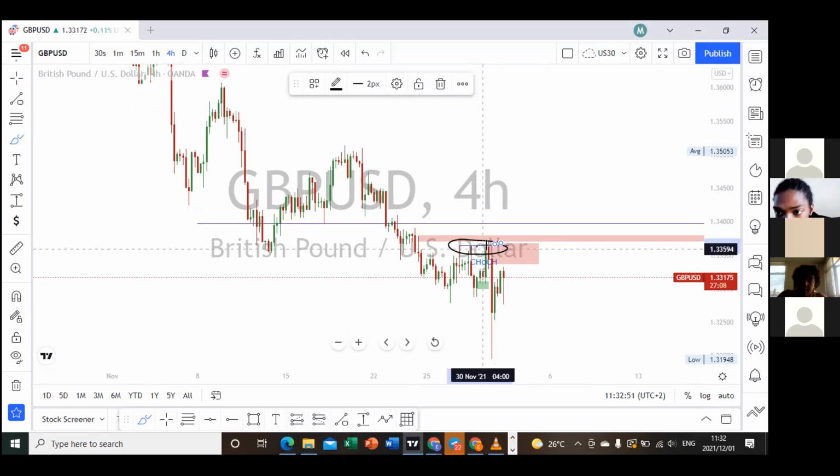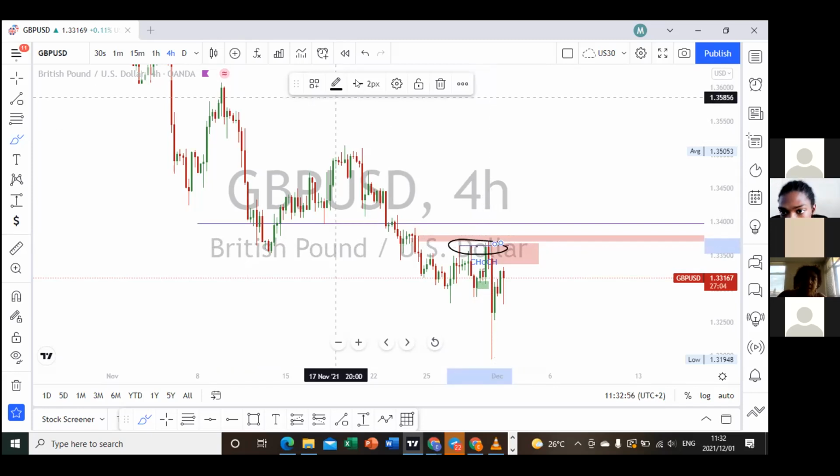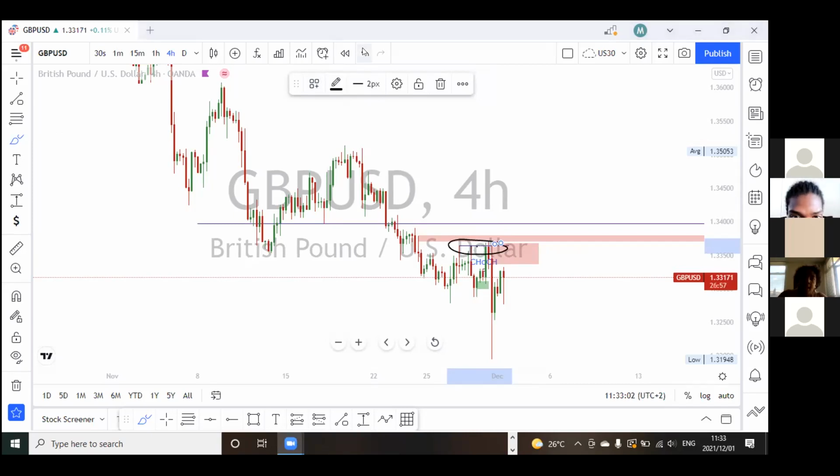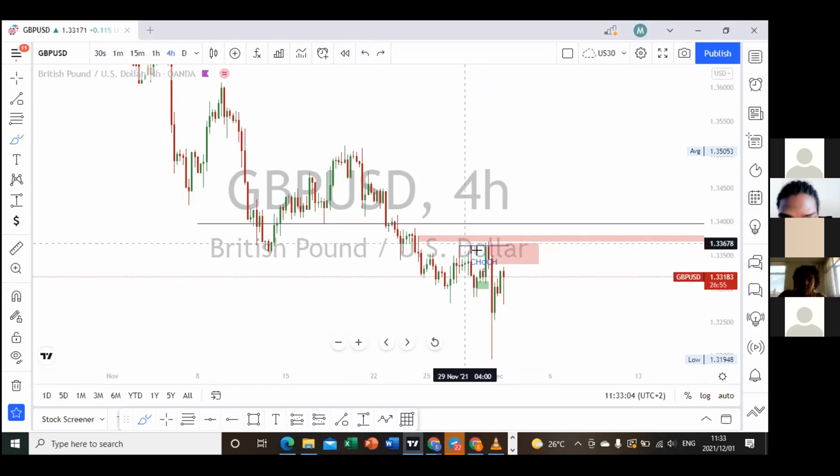The market did some manipulation, closed with a wick above here, but it didn't give us what we wanted. So the market started shooting down to show us that it didn't change character. It showed us that it's still on a downtrend.